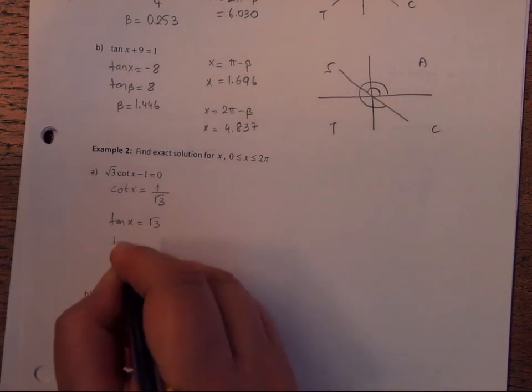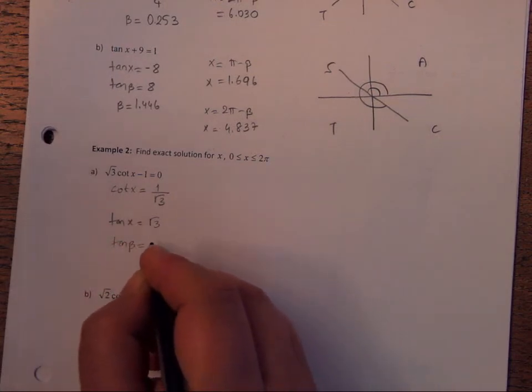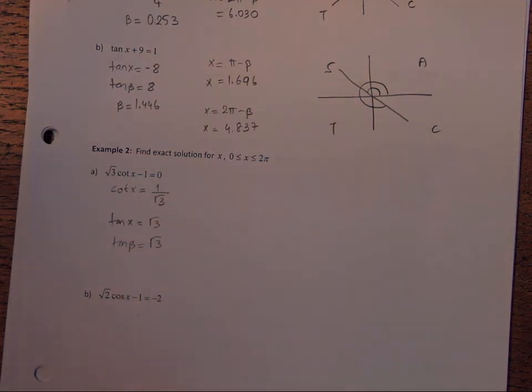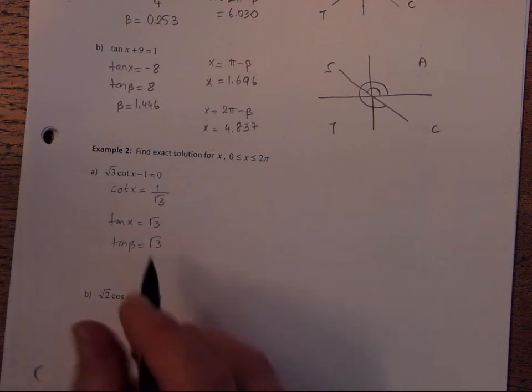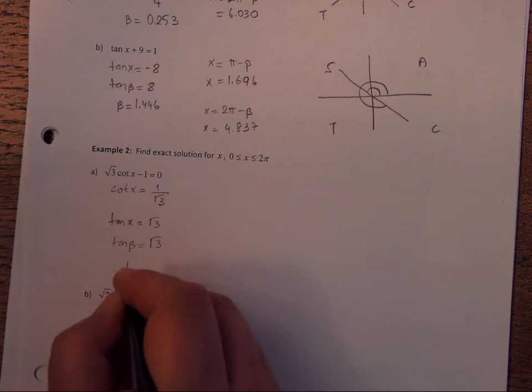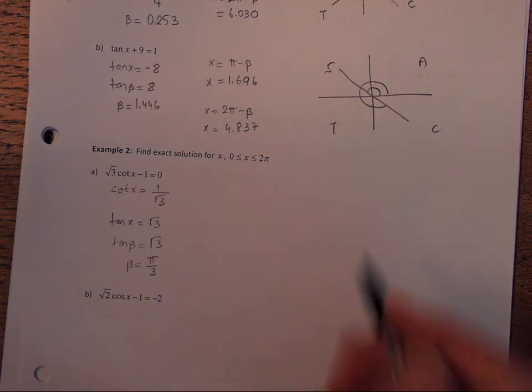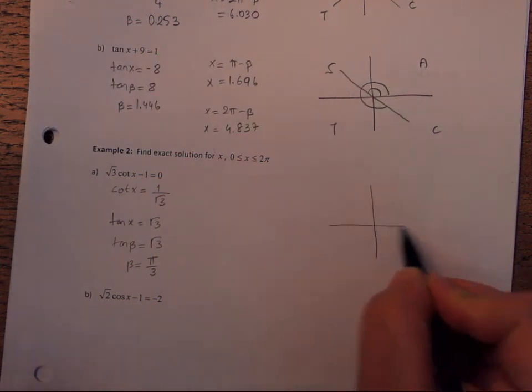Then of course write the ratio for the related acute angle. It is still positive root 3. Then think of special angles, 30, 60, 45. Which one gives you root 3? Yeah, 60 degrees or pi over 3. Since we are working with radians, pi over 3. Then sketch the angles.